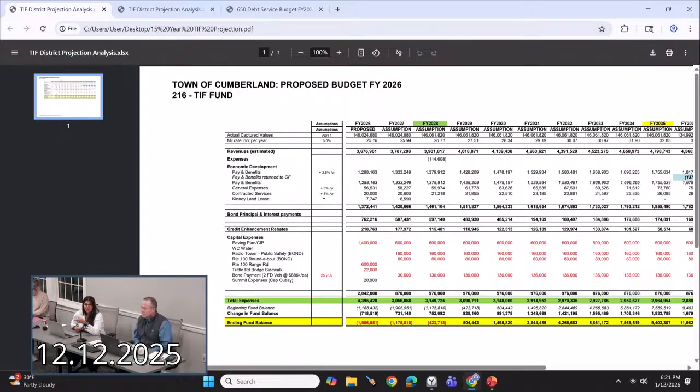One, it's for the use of any projects that we have on the horizon and how we want to look at that moving forward. So I provided this to you so you can have an idea of where we are right now with our TIF funding.